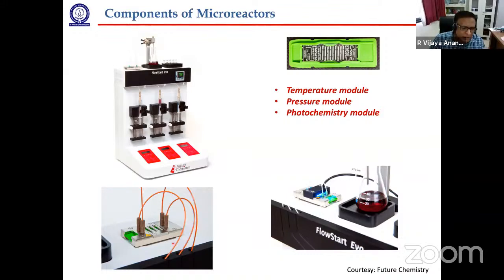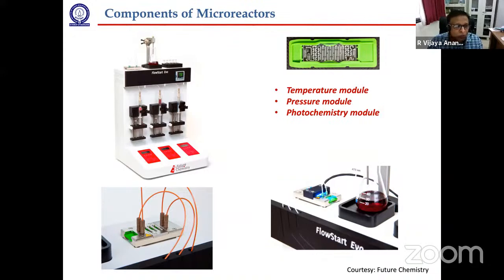But basically the temperature module is a hot plate which is integrated with the whole microreactor unit. Another one is the pressure module, which is nothing but syringe pumps. In this particular model we have 3 integrated syringe pumps. The advantage is that you can control the flow rate separately.